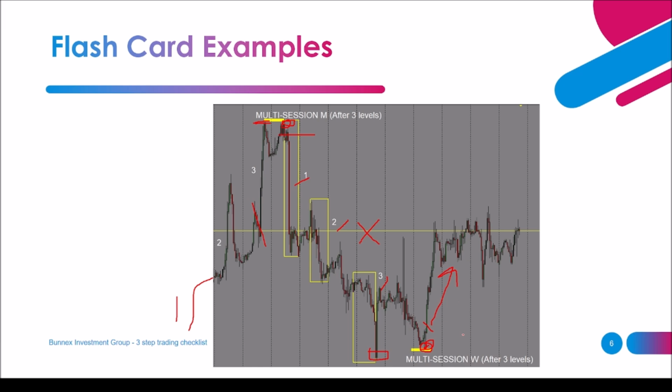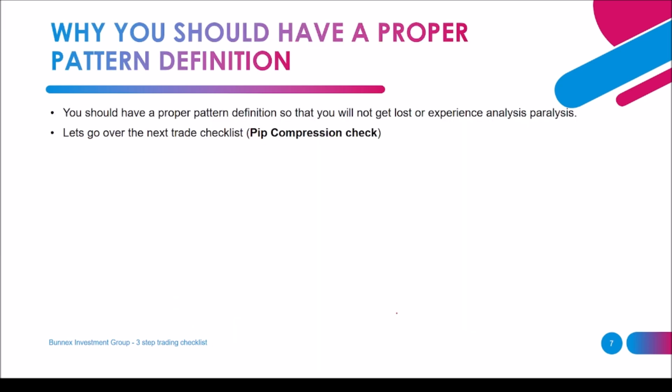It's not about winning each and every trade, but we are trying to emphasize that you need to have a trade pattern definition. What are you looking for? You should have a proper pattern definition so that you won't get lost or experience what we call analysis paralysis.